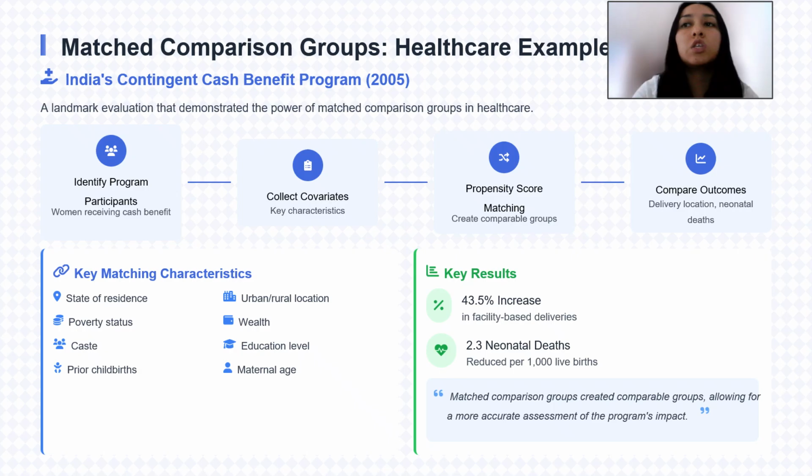After matching, results show a 43.5% increase in hospital deliveries and a reduction of 2.3 neonatal deaths per 1,000 live births. So by matching, they ensured the two groups were comparable, so the observed improvement could be confidently attributed to the program itself.